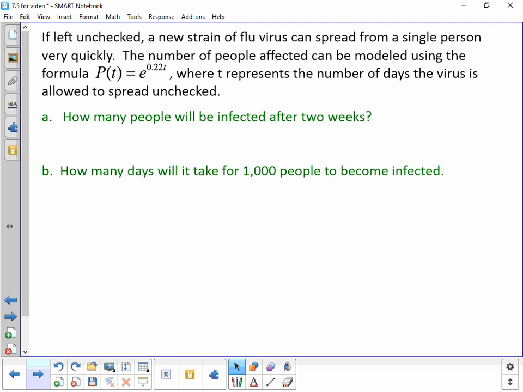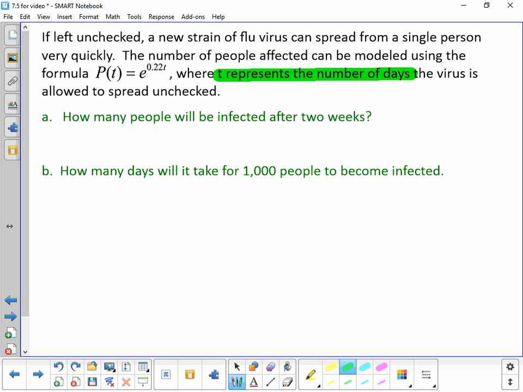So question A says, how many people will be infected after 2 weeks? Well, our equation here has a t in it, which is representing time, and specifically time is measured in days. So this first question is asking what is P, how many people will be infected after 2 weeks.